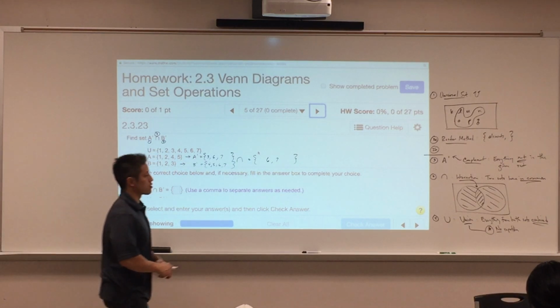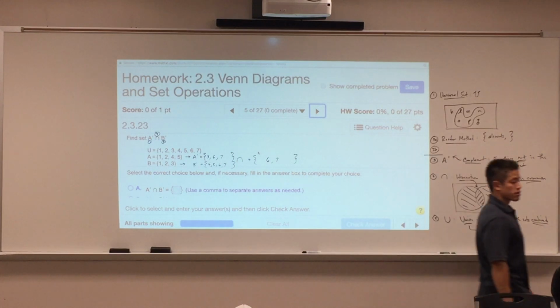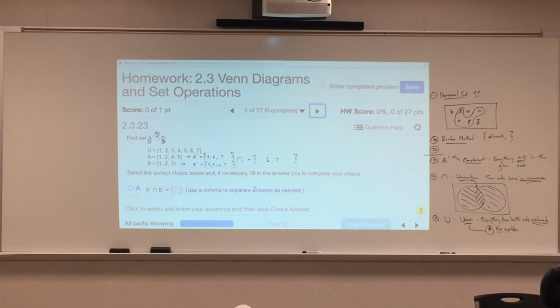Now, in the event that you do an intersection and you find that they don't have anything in common, then you can say that it's the empty set because you don't have anything. But in this case, we do have something, so you would select that. Okay? Any questions about that at all? Please ask.